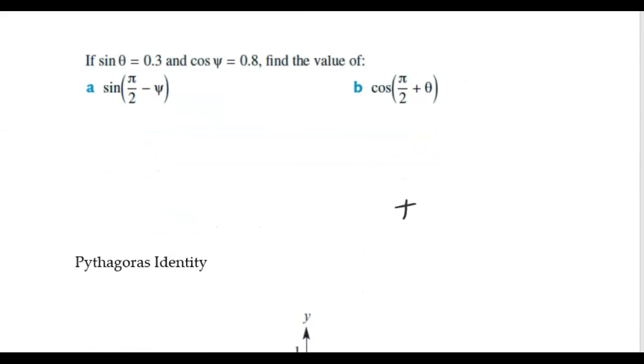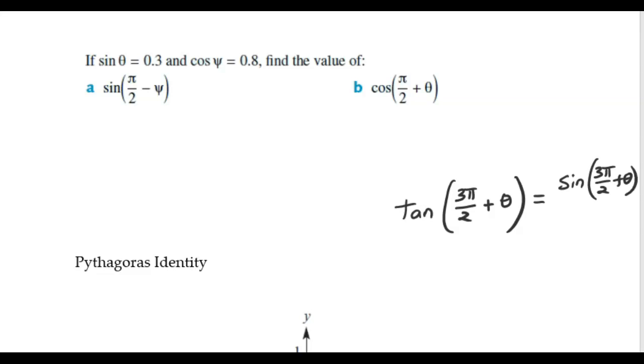Let's say I have tan of 3 pi on 2 plus theta. If I want to find the answer for tan 3 pi on 2 plus theta, the first step is that tan is equal to sine over cos, so sine of 3 pi on 2 plus theta divided by cos of 3 pi on 2 plus theta.